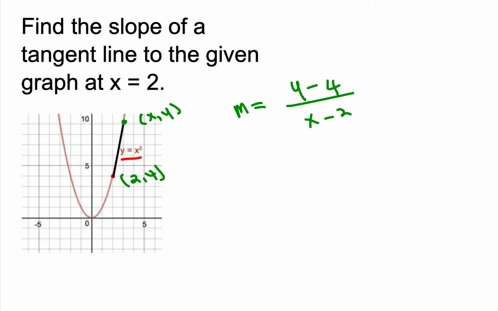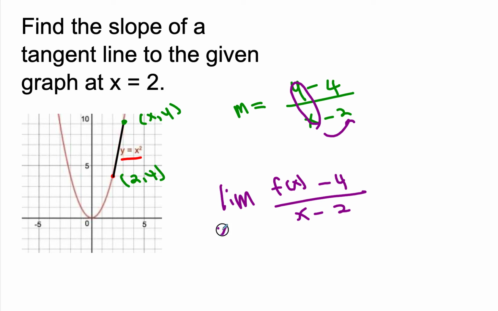And then as these values approach 2 comma 4, we'll be able to find the slope not between 2 points on the graph, but about 1 point. In other words, what I'm trying to do is take the limit of the function minus 4 over x minus 2 as x approaches 2. This should give me the slope of the tangent line.